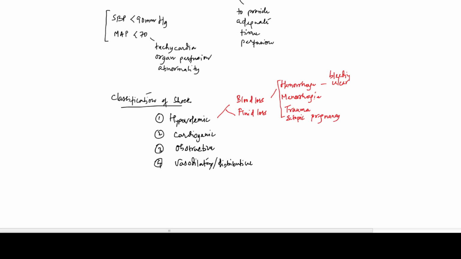Menorrhagia being, you know, vaginal bleeding. Okay, so these could be the most common causes of blood loss.